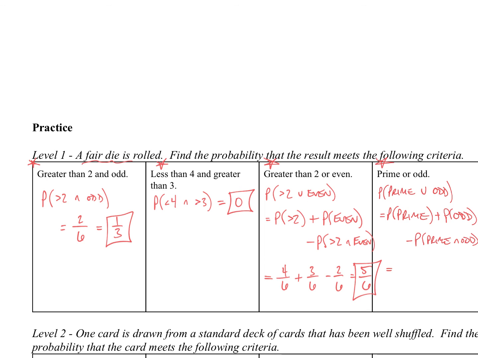Prime numbers on a 6-sided die, there are 3. It's just 2, 3, and 5. Odd numbers on a 6-sided die, and prime numbers that are also odd, that's just going to be 3 and 5. So that would be 4/6 or 2/3.